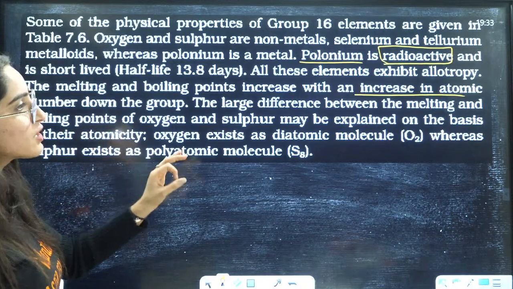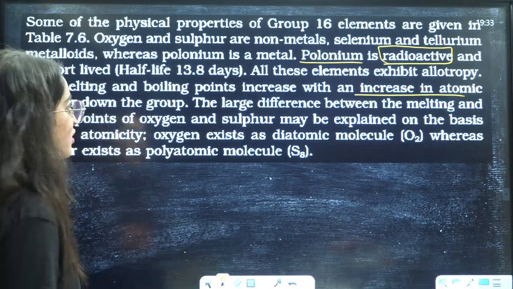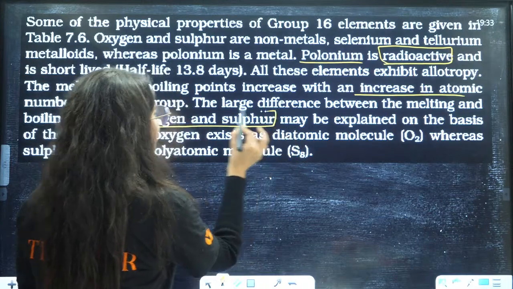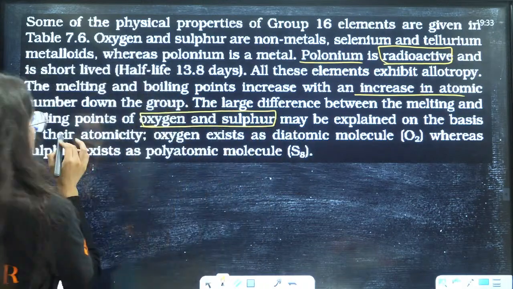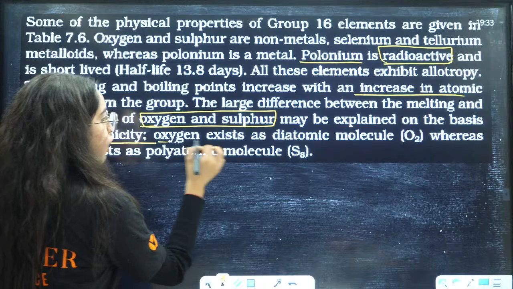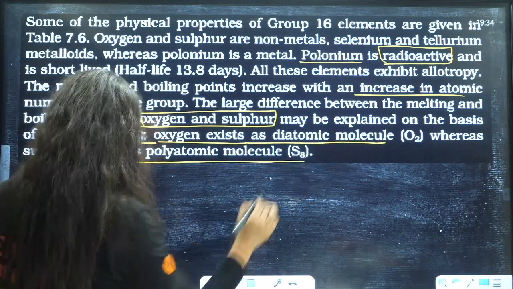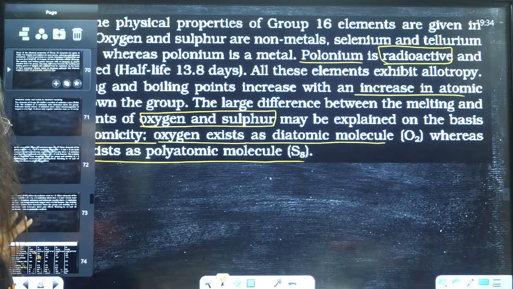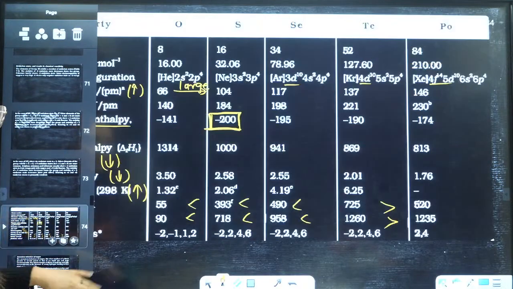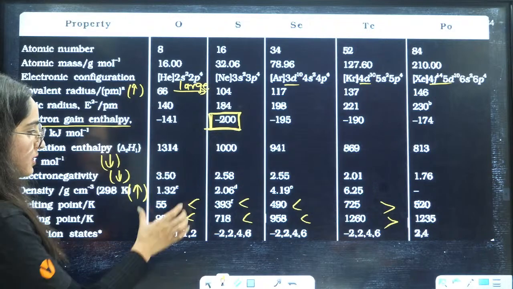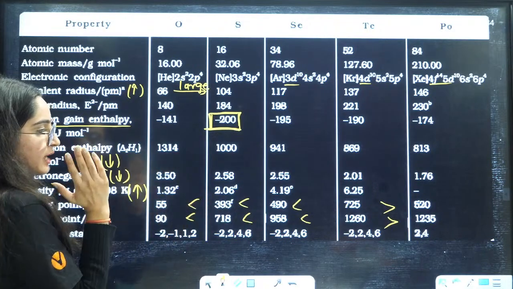The large difference in melting and boiling point of oxygen and sulfur may be explained on the basis of their atomicity. Oxygen exists as diatomic and sulfur exists as polyatomic. So if you see this, the large gap that you can see here is from 50 to 393.